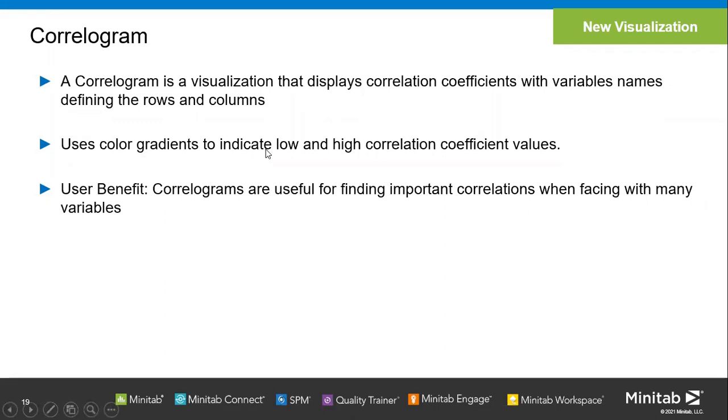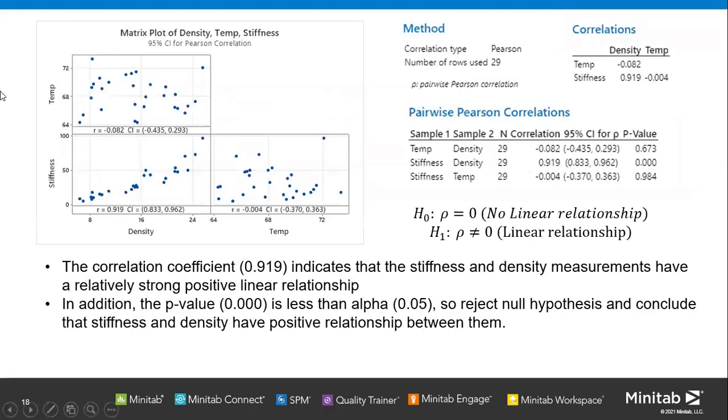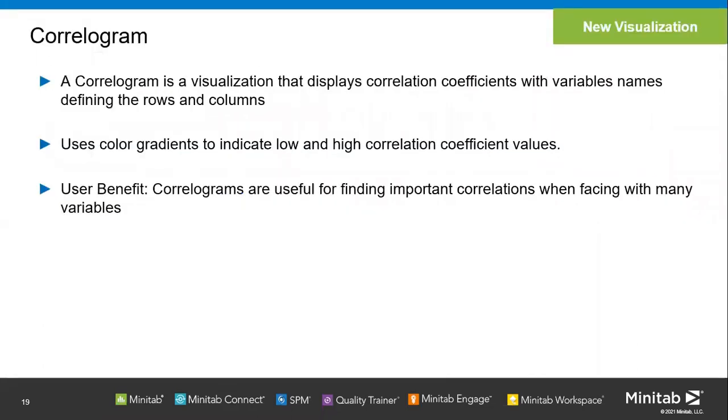So there is no need to look at the R value. For example, before this, we saw the R value, and from that R value you need to think whether it is low or high. But in the parallelogram, you can see low and high correlation with the color gradient. I will show it after this.